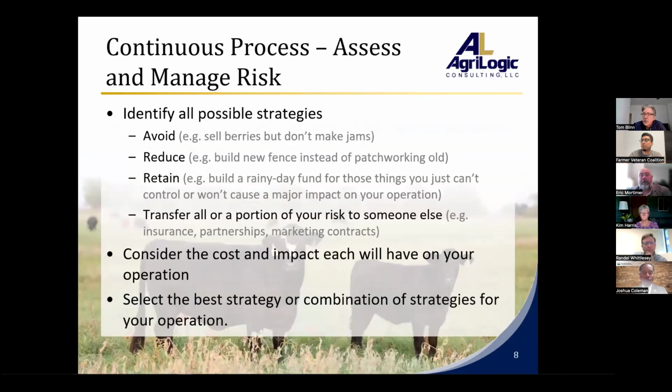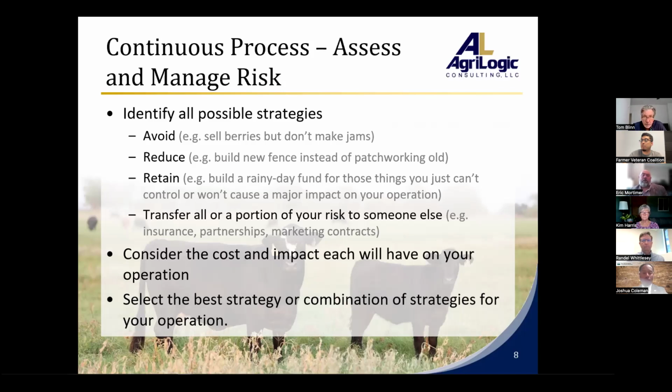So really, you're looking at a continuous process of assessing and managing that risk. There are different strategies you can take in dealing with risk. One way is to avoid it.